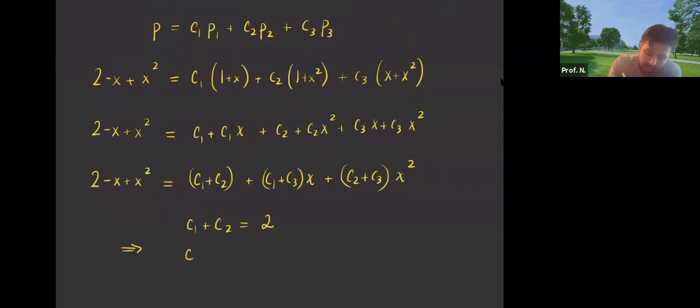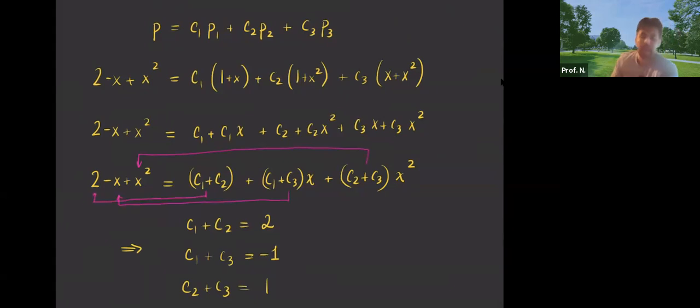C1 plus C3 has to equal -1. And C2 plus C3 equals 1. Do you guys see what I'm saying? This matches with this, and this one has to match with this. They have to match each other with respect to terms, whether it's the constant, the x term, or the x squared term.